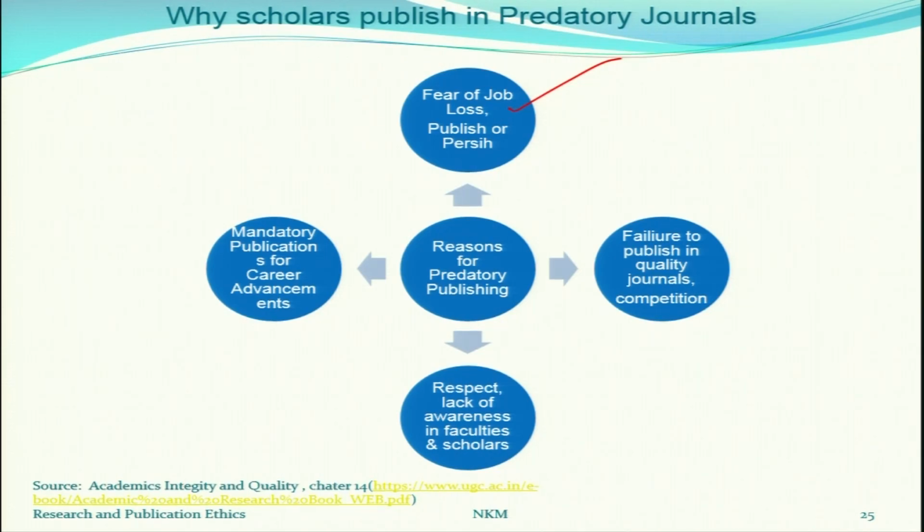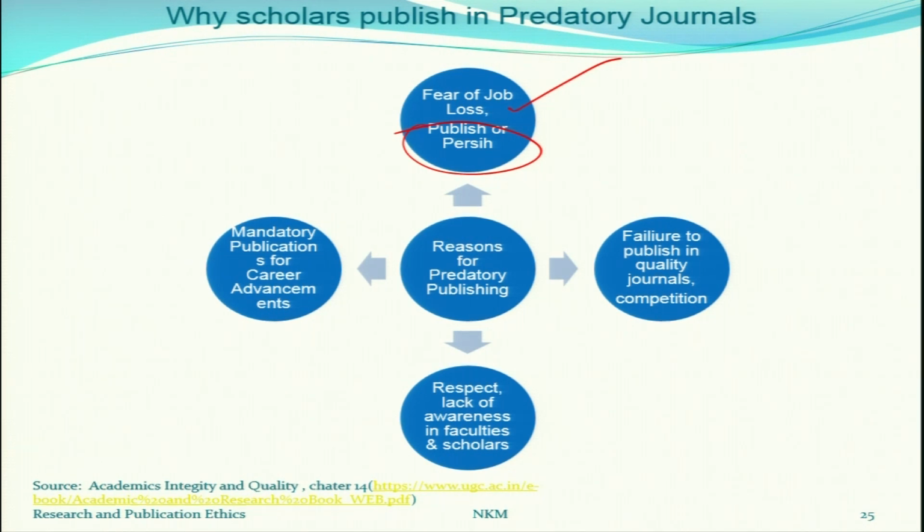Institution image is based on competence of research, and institutions are based on the scholars and faculties, so all the pressures come on them. Publish or perish is the major factor in the development of predatory journals in the last 2 decades.